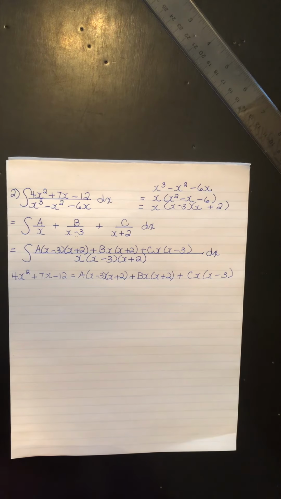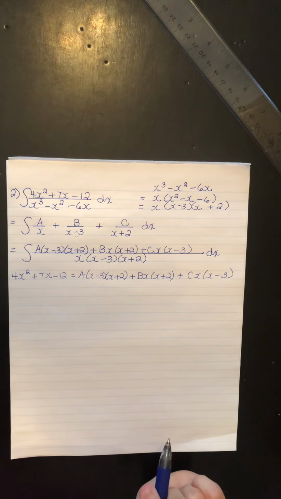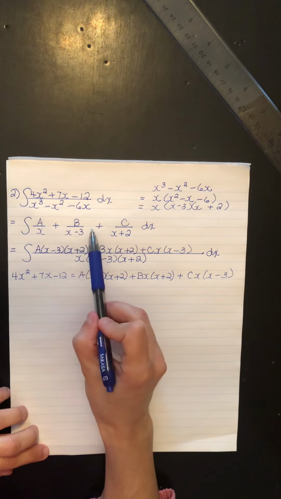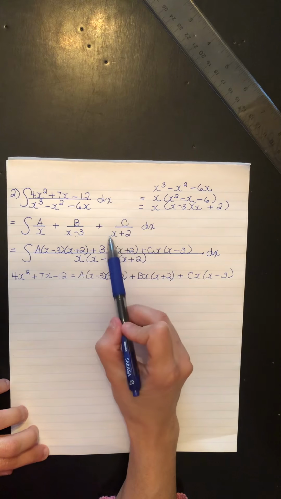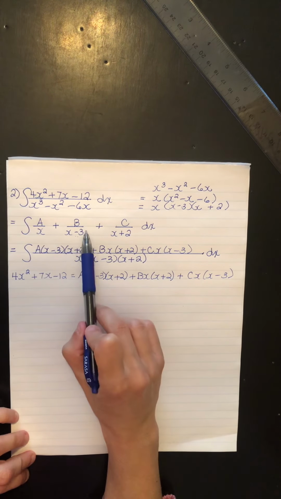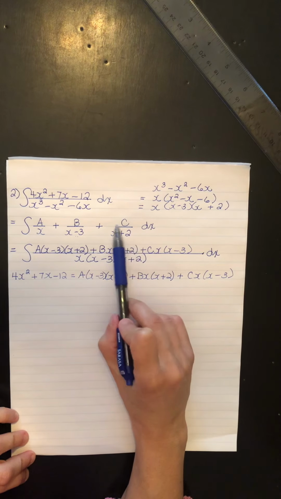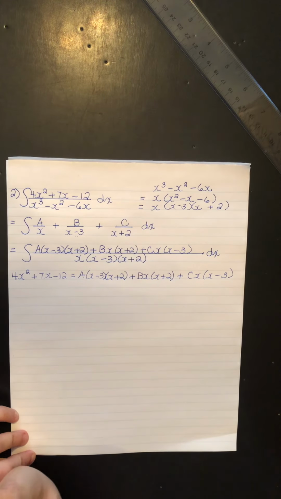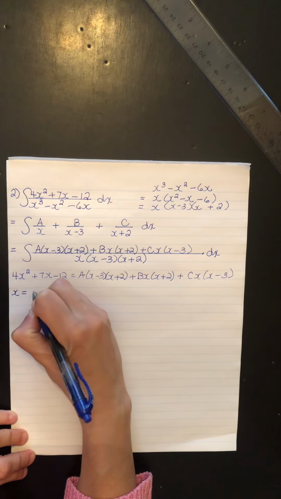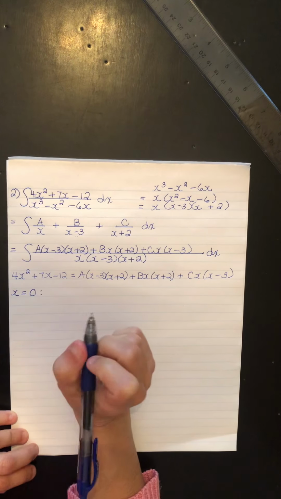Perfect. Now what we do is we look for the roots that we may use. The roots, of course, are the values that will make these terms equal to 0. So they are 0, +3, and -2. So we substitute those now one at a time. Let's start by substituting x is 0.